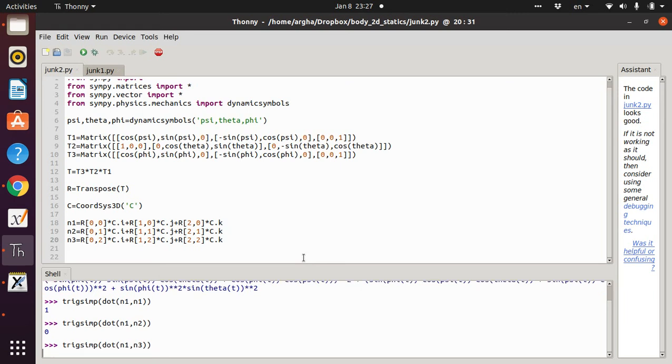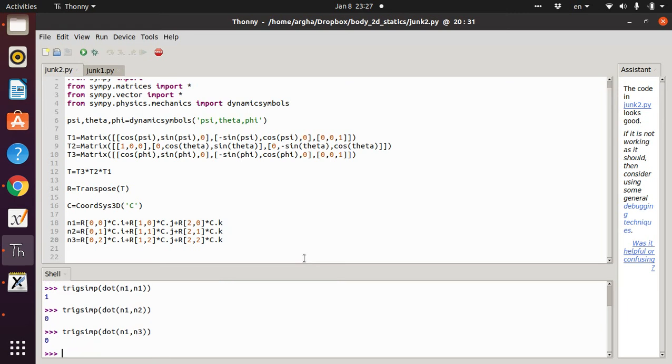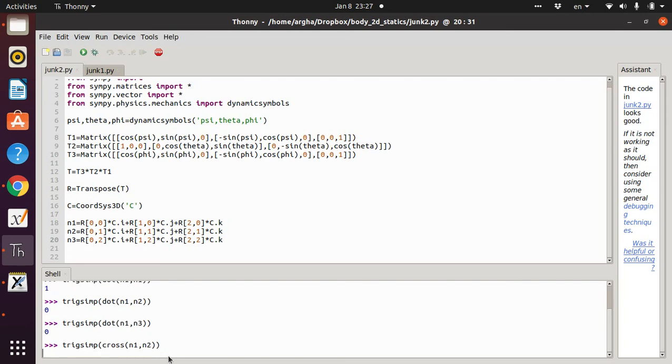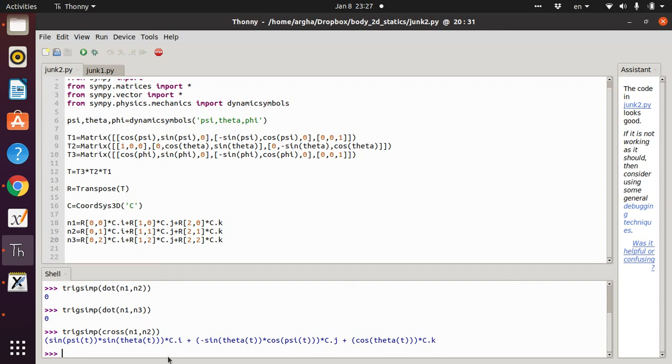You are expecting a 0 value again, and yes, you are getting it here. Now what about n1 cross n2? So cross n1 n2 and you get this. What value do you expect here? That n1 cross n2 should be equal to n3, because this is the property of this rotation matrix, and see, this n3 is actually n1 cross n2.